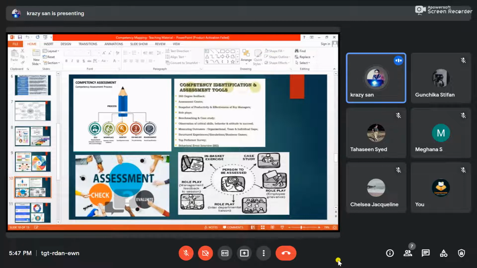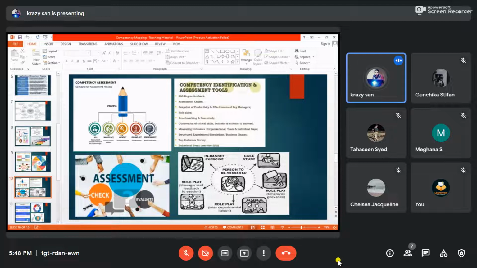Observation of critical skills, behavior and attitude, measuring outcomes, organizational, team and individual gaps, structured experience, psychometric survey, behavioral event interview. All these tools are used for identifying the different competencies of employees and then grooming them.